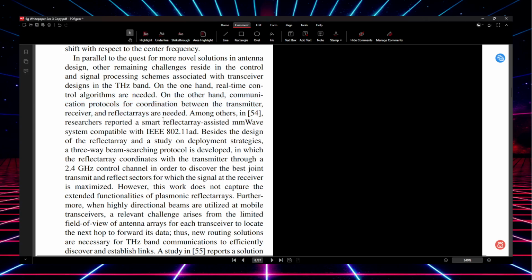researchers reported a smart reflect array assisted millimeter wave system compatible with IEEE 802.11ad.